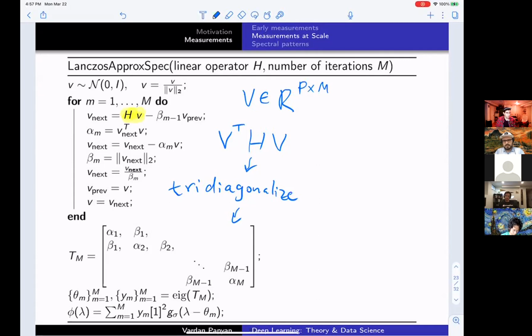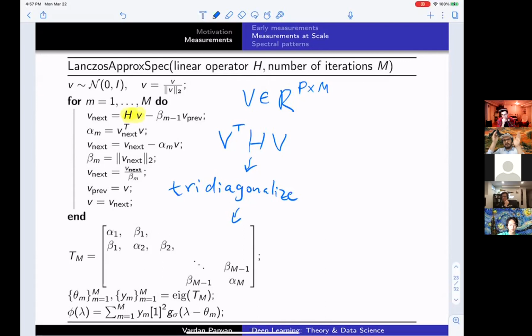Does this make sense? You're constructing the matrix V column by column. You keep adding one orthogonal vector at a time. Let's say after 100 iterations, you've constructed a basis which has 100 vectors.